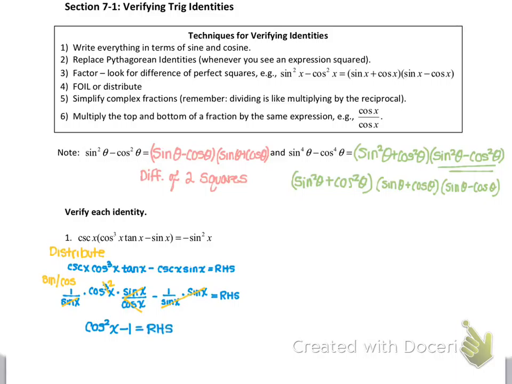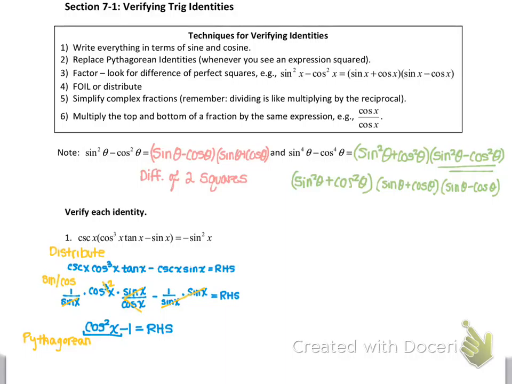So now I hope that you notice we have something squared, so we are going to use the Pythagorean identity. Now cosine squared x minus 1 isn't what we're going to adjust. We're just going to adjust cosine squared, because cosine squared x minus 1 isn't a Pythagorean identity.